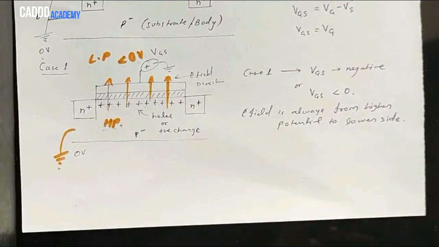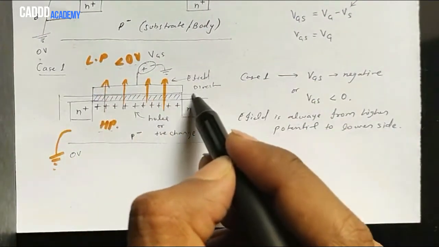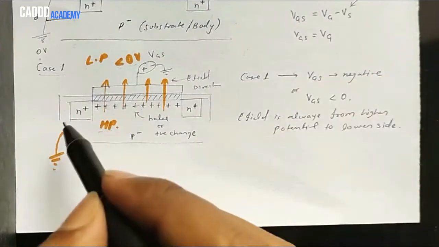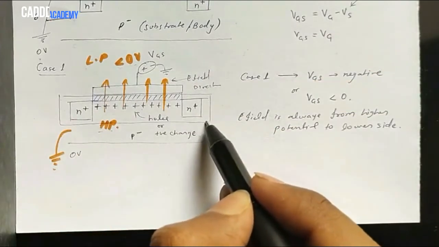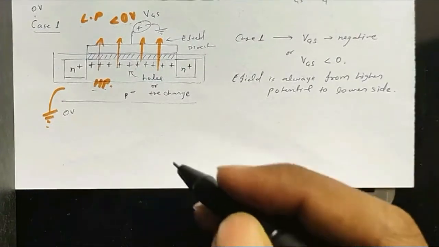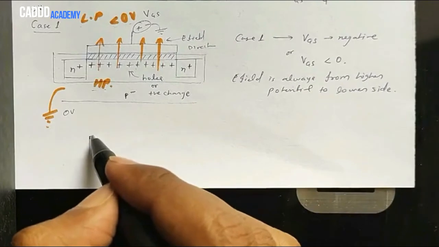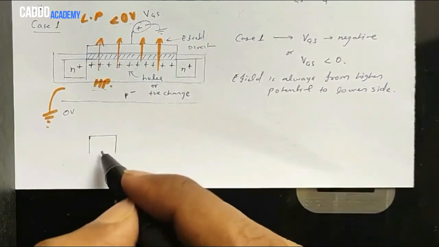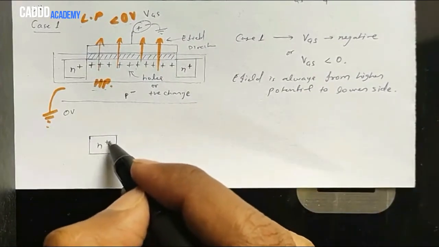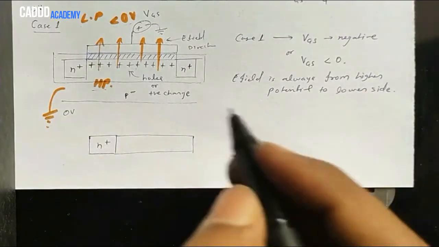So I'm taking a small segment here, from here to here. This is forming a diode. This one is the N plus region. After that we have a P plus region. Why is it P plus?